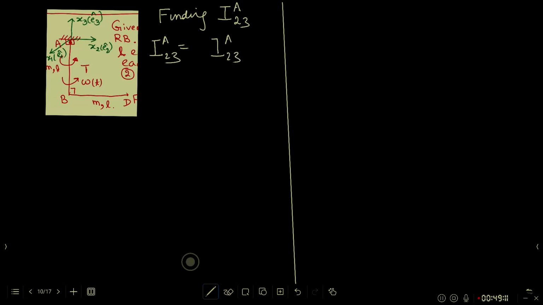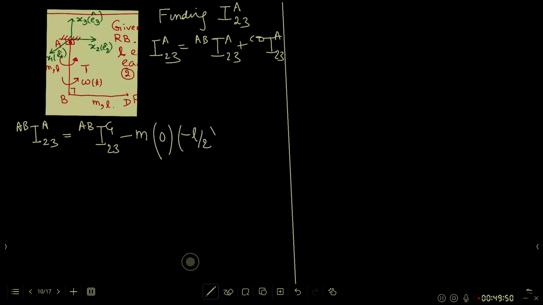Okay, for AB, I'm going to write this using the parallel axis theorem: IC1 23 minus m times 0, comma, minus L by 2. I will leave you to figure out why I am writing this. I believe it is correct, and it comes from again these coordinates that I have identified for the two centers of mass.